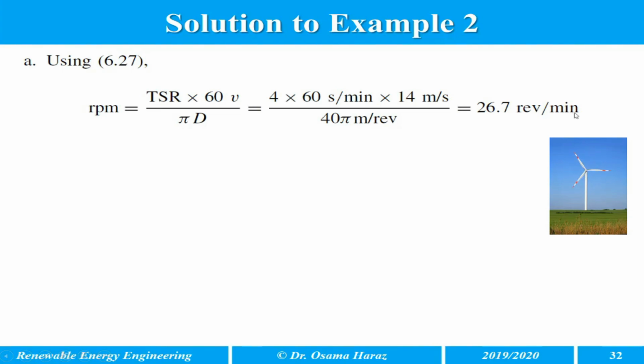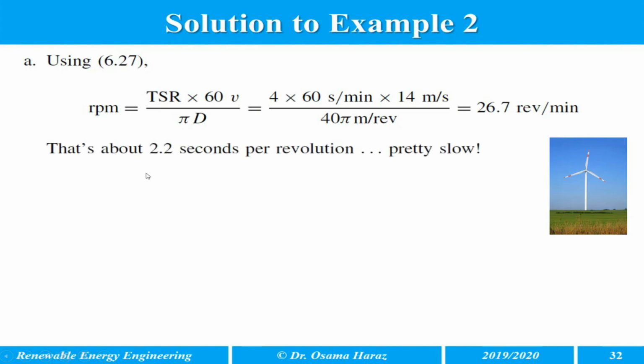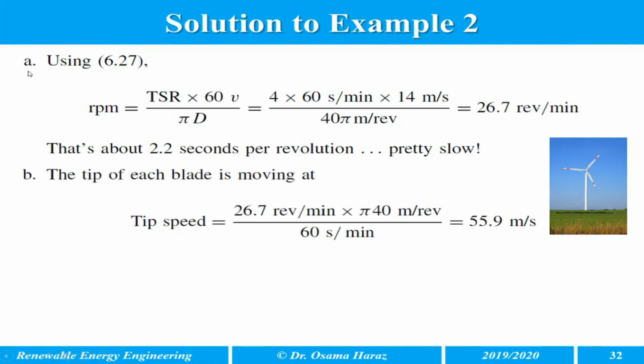Once we know RPM, that's about 2.2 seconds per revolution. It's pretty slow. So the tip speed becomes this RPM times pi D over 60, and you get 55.9 meters per second.